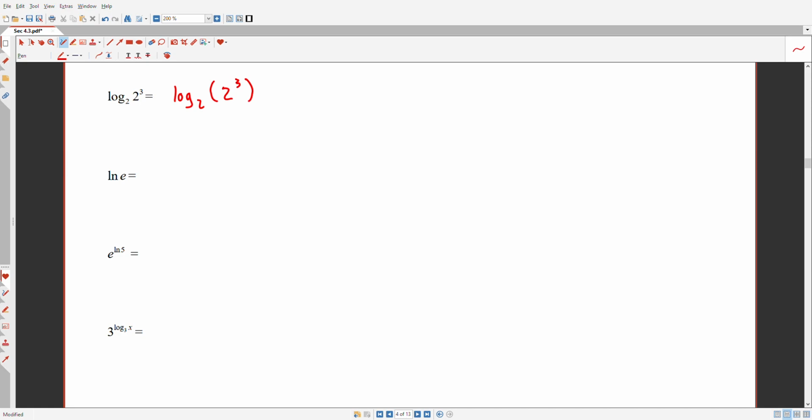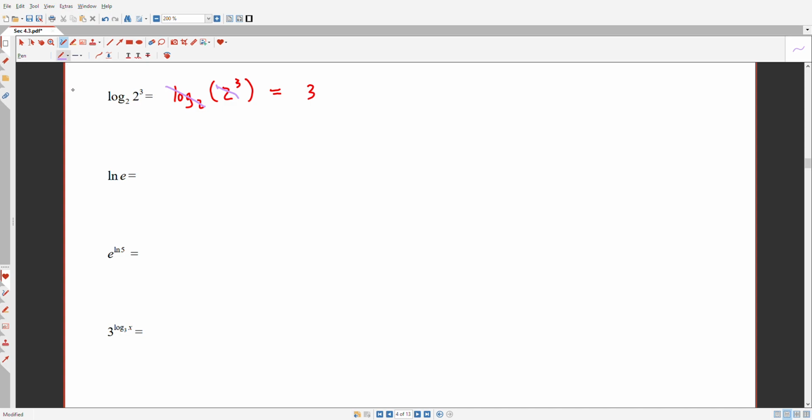As we mentioned before, log base 2 and 2 to the x completely cancel. So what you're left with is just 3. It's like saying those two things cancel because they're inverses.